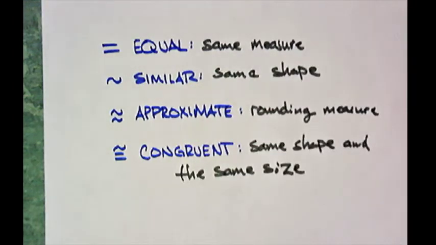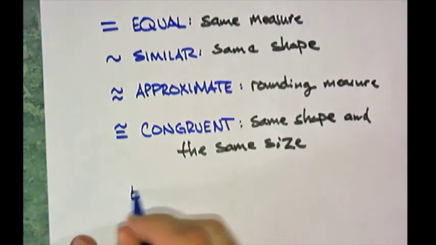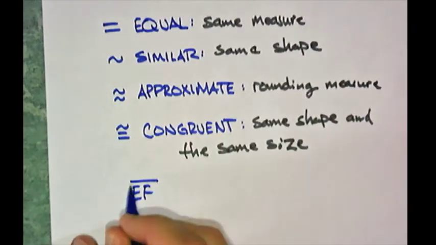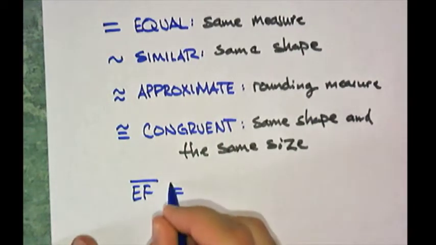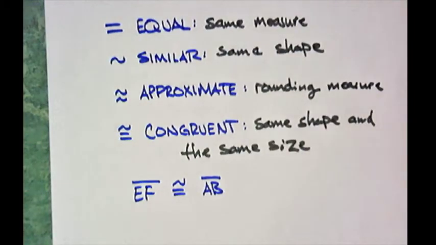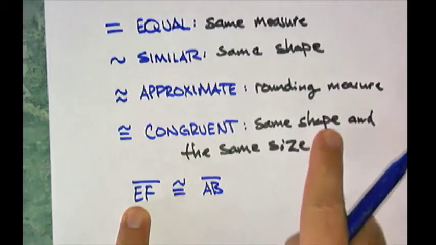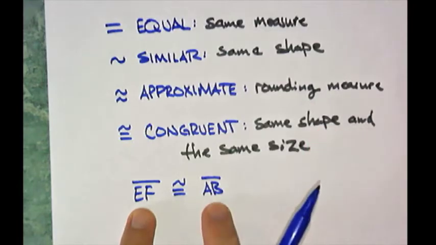All right. So when I say EF is congruent to AB, I'm telling you something. I'm telling you that they have the same shape and the same size, right? These are line segments.